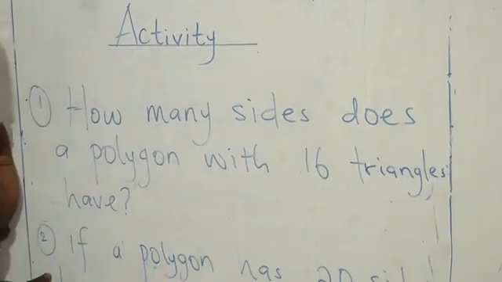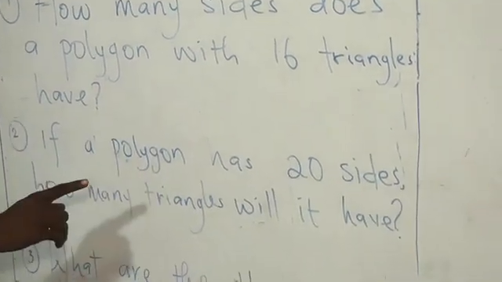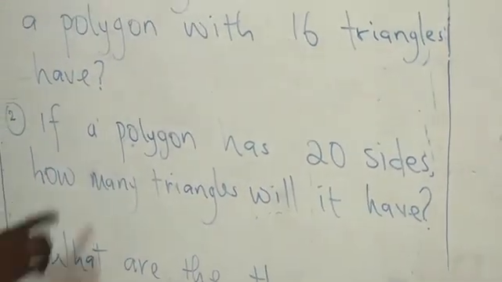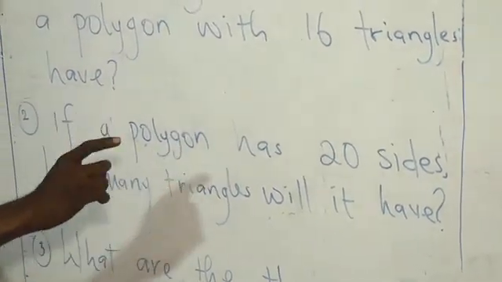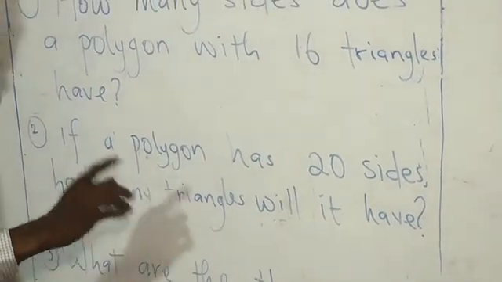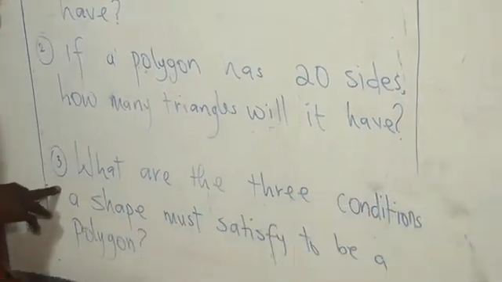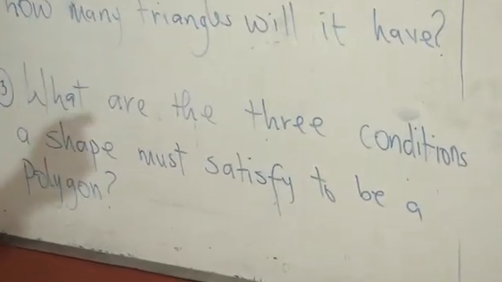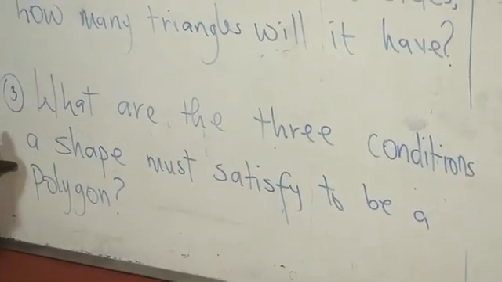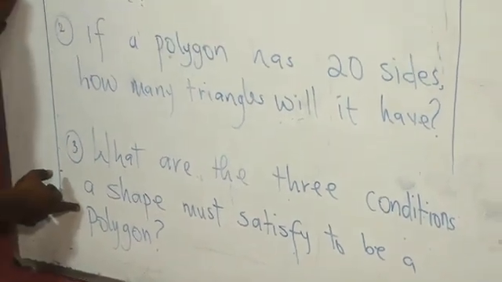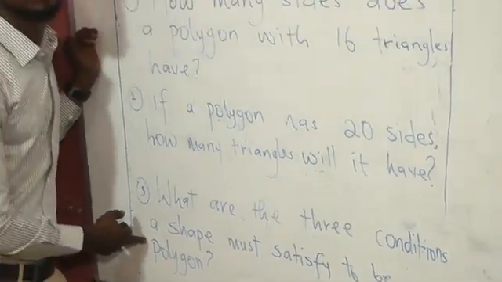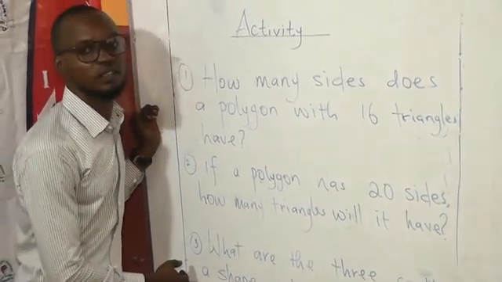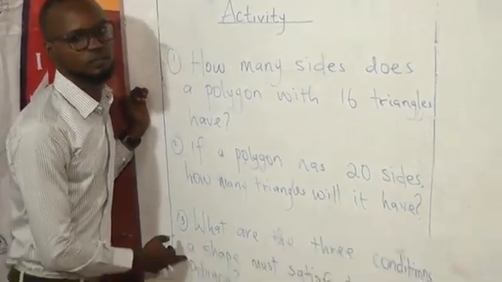Then number two, if a polygon has 20 sides, how many triangles will it have? Then number three, what are the three conditions a shape must satisfy to be a polygon? We talked about this while I was defining polygon. So you have to tell me the three conditions that it must satisfy to be a polygon.